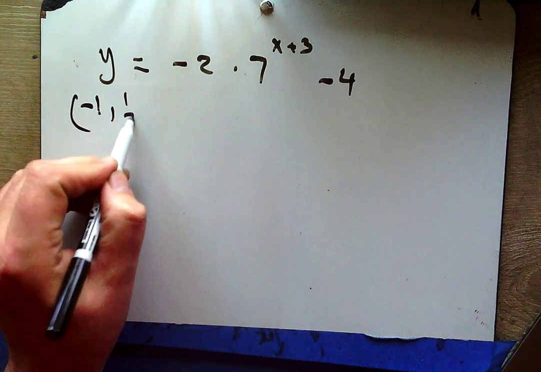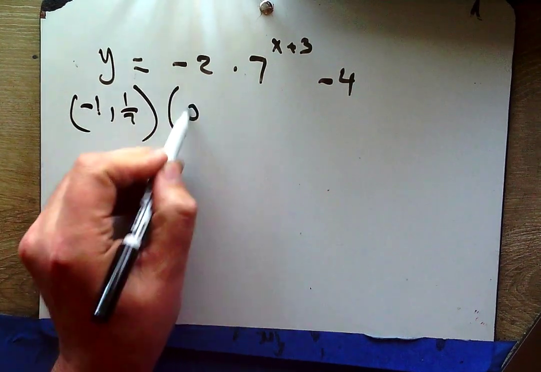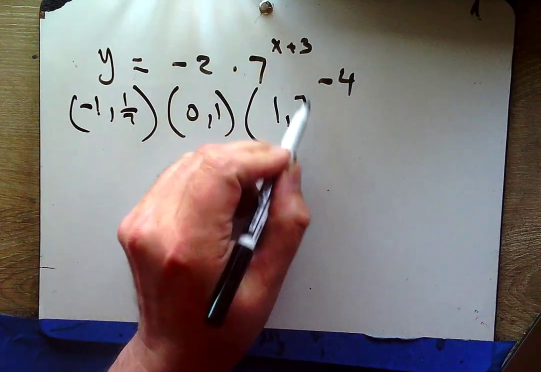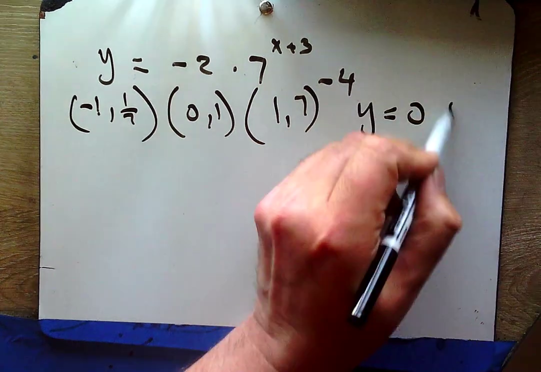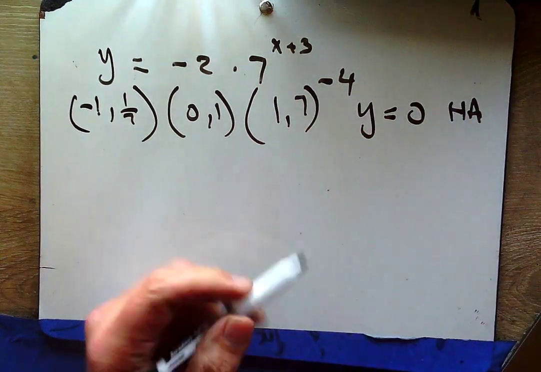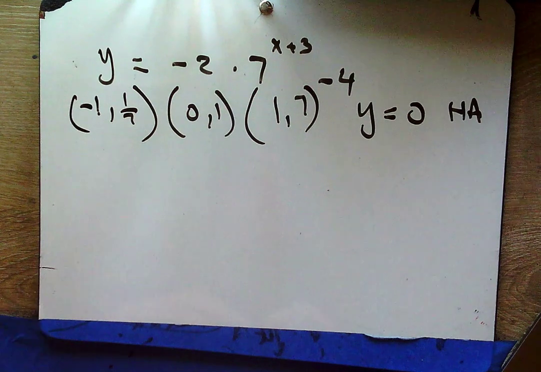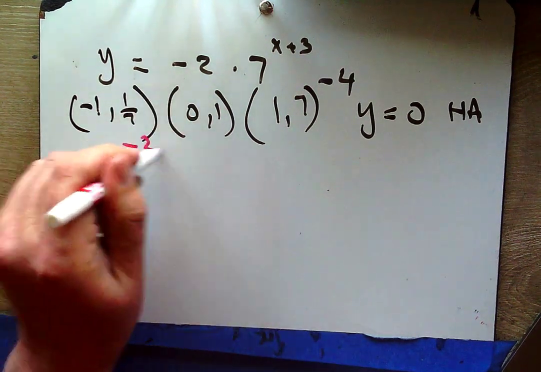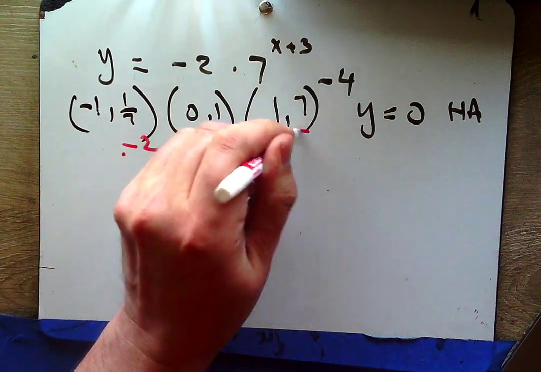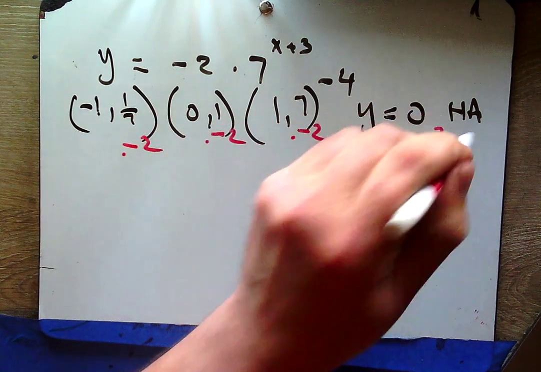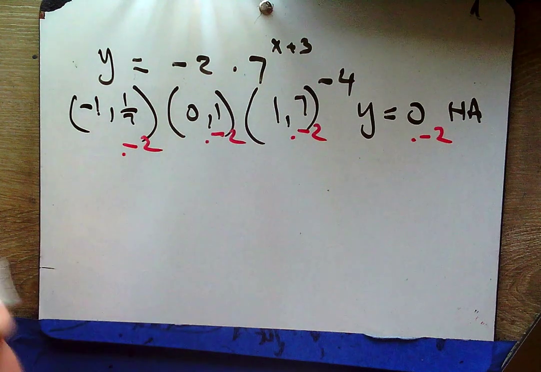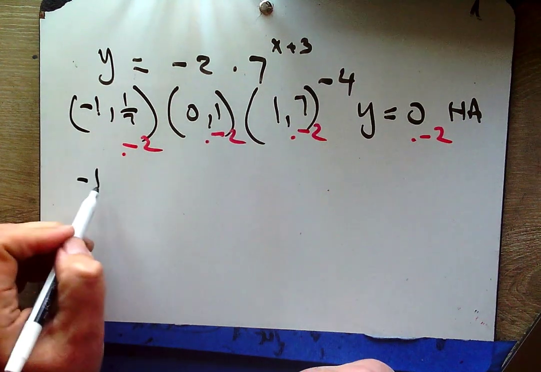Reference points: negative 1, 1 over 7, 0, 1, 1, 7, y equals 0, our horizontal asymptote. So the first thing I'm going to do is multiply all the y's by -2. So I end up with -1.